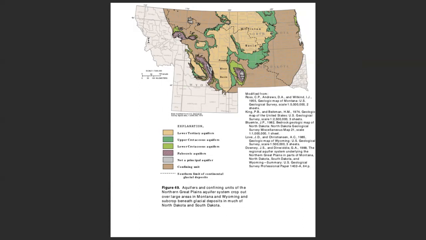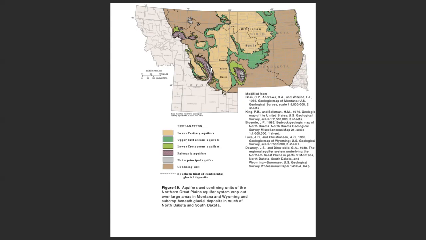So in Western Montana, let's say the Bitterroot aquifer system was a small little yellow blob that occupied a little bit of Ravalli County down here. This is the lower tertiary aquifer. This one system right here is the lower tertiary aquifer in eastern Montana. This is a huge aquifer. It's very large. All right, so the scale is very different.